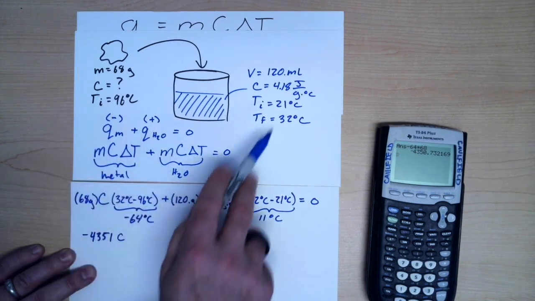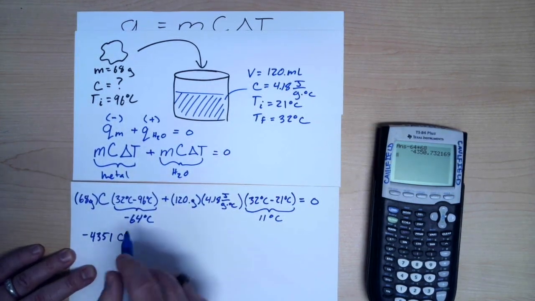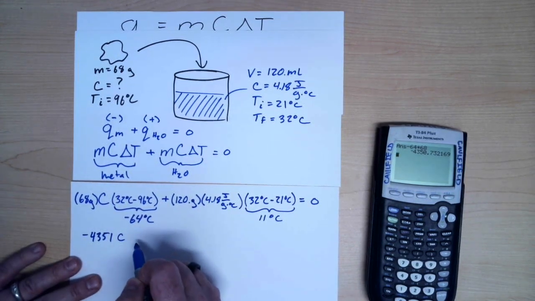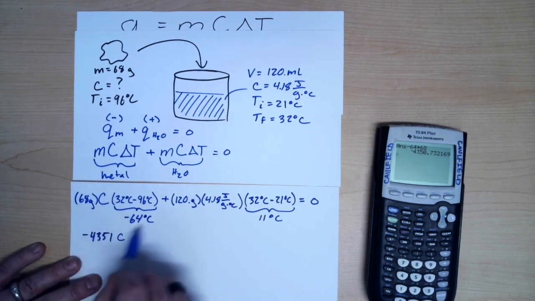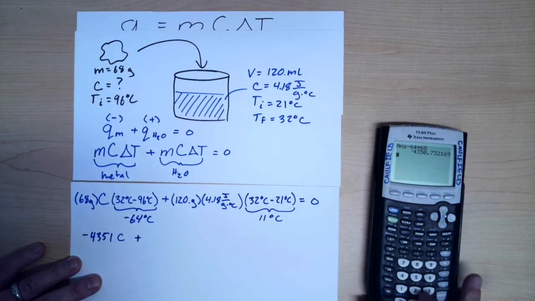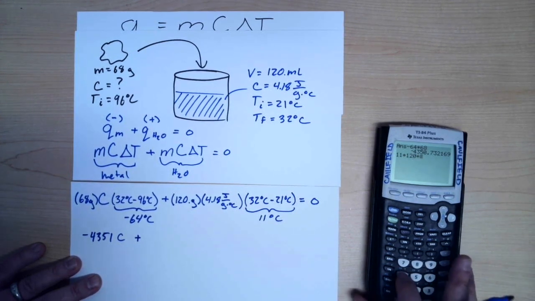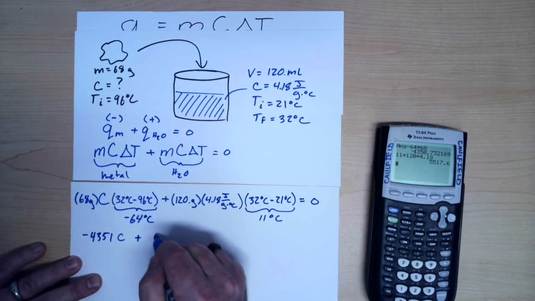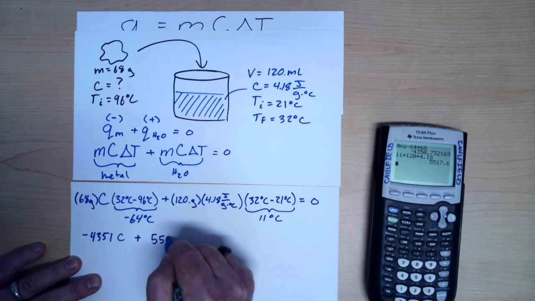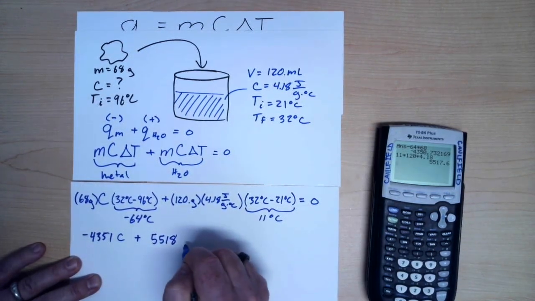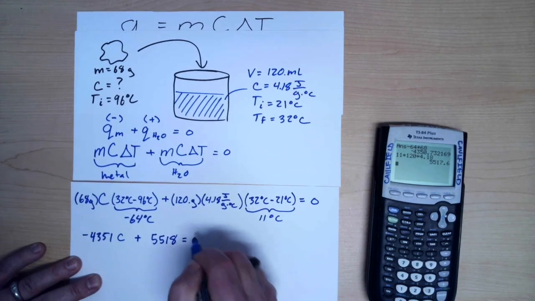Again, remember that I had unit agreement up here, so I'm going to be pretty confident in my final answer here. Okay, so there's this term. And then I'm going to add to it, let's multiply these 3 numbers together: 11 times 120 times 4.18. So plus 5518. You can see that I rounded that just a little bit as well. It is equal to 0.